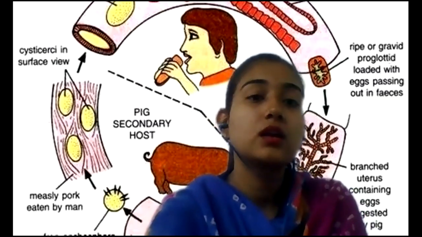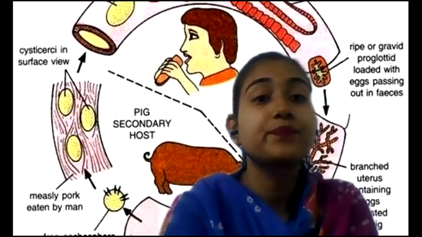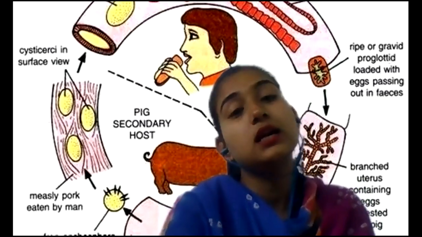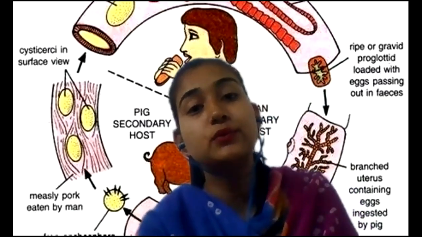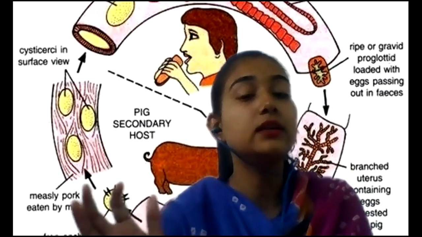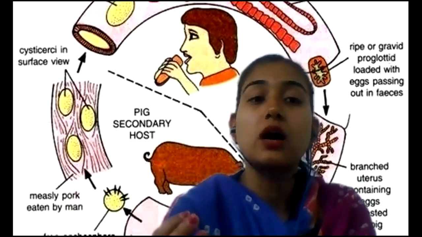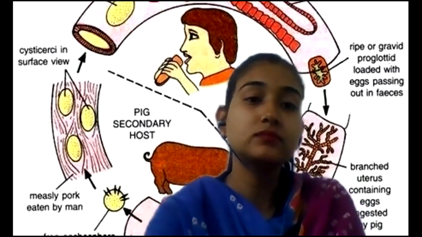The eggs of Taenia saginata and solium are indistinguishable morphologically. The eggs are spherical, diameter 31 to 43 micrometers, with a thick, radially striated brown embryophore. Inside each is an oncosphere with 6 hooklets.